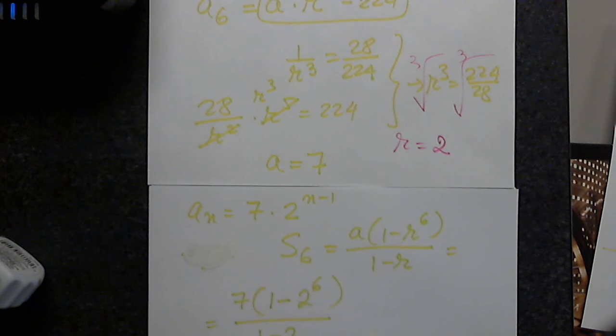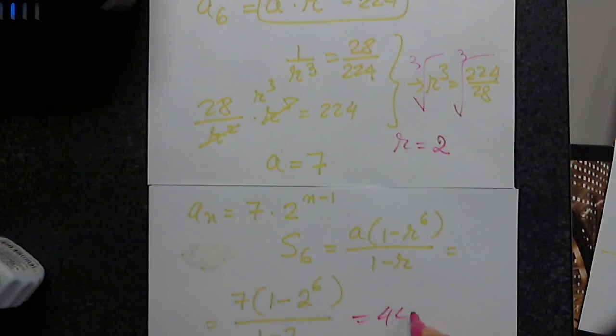So this is the 6th partial sum. Punch it in the calculator. 7 parentheses 1 minus 2 raised to the 6th power, and divide by negative 1. And I got 441. Let me know what you get.